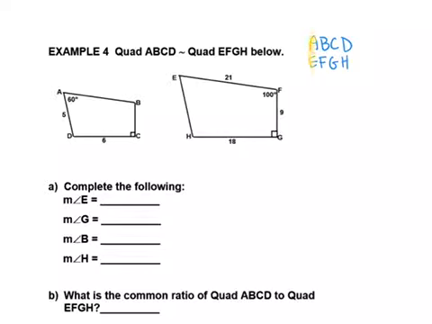So E is congruent to A. Angle A is 60 degrees. So E would be 60 degrees. B is congruent to F. So B and F are the same. So B would be 100 degrees.